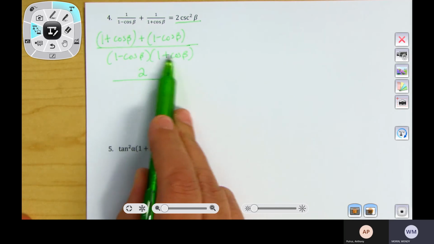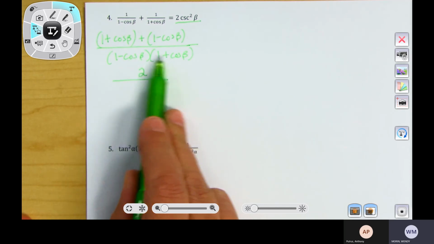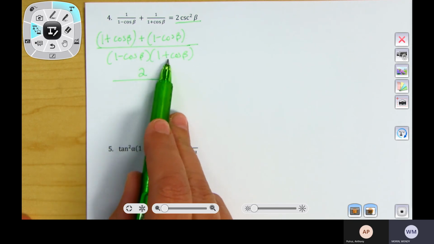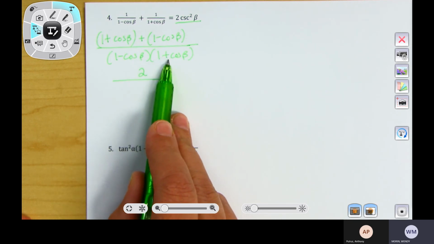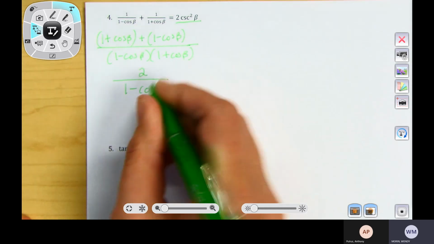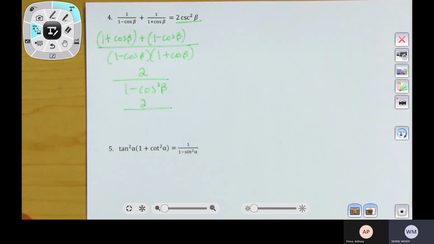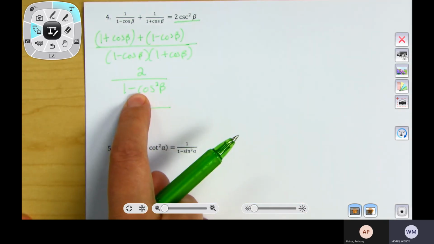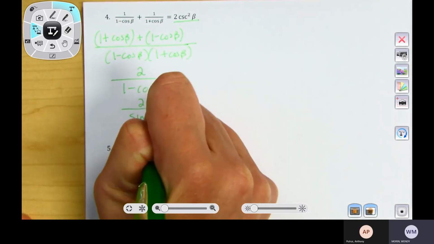Do you recognize this factorization here? Do you recognize what that's equal to? What is it? Very good. 1 minus cosine squared of beta, which we can also call, what are you trying to get to? What else can we call this? Very good. Sine squared.